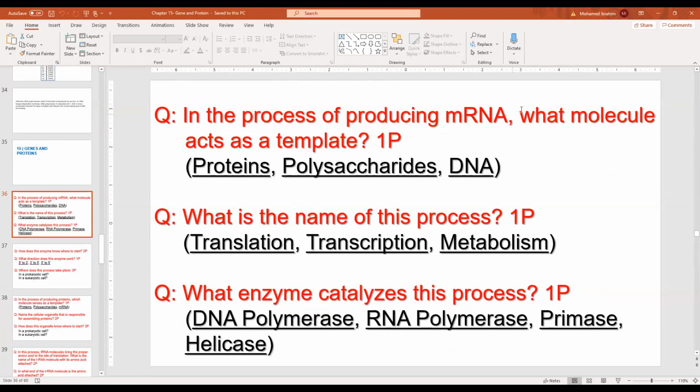In the process of producing messenger RNA, before I start, remember in biology, there are two processes for gene expression to convert genotype to phenotype, to convert the gene that you have to eye color or hair color.